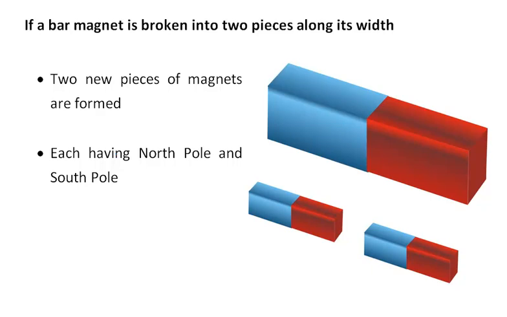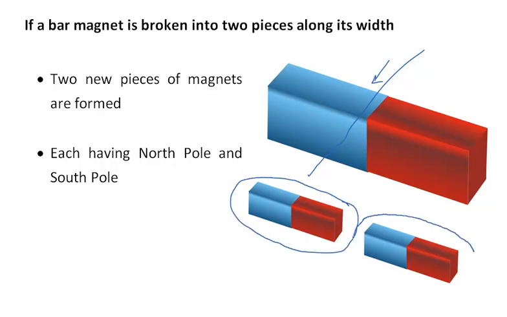Let us say we take this magnet and break it into two pieces along its length. That means you break it here. Each new piece will have, let's say this is north, this is south, because originally they were north and south.